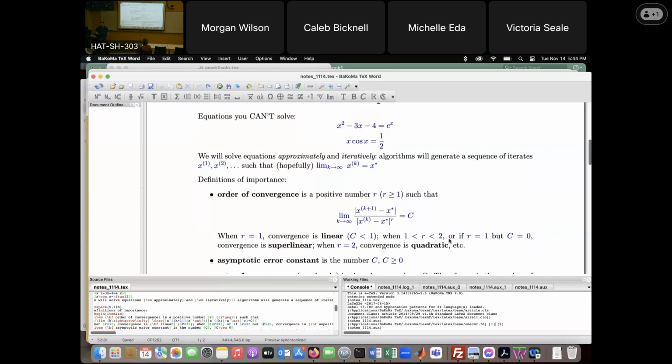Okay, the constant c, that is this limit, is called the asymptotic error constant. Certainly it's going to be non-negative. For some methods, we'll be able to figure out what that asymptotic error constant is, this ratio of errors.